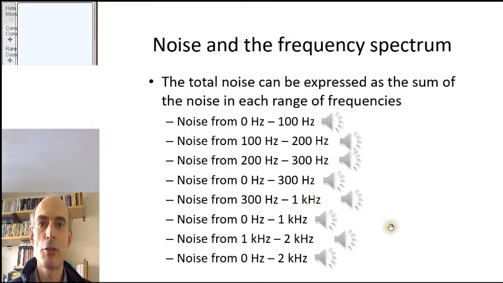If I then add the noise between 2 kilohertz and 20 kilohertz, which sounds like this, I end up with all of the noise in the human audio hearing range. And that sounds like this.